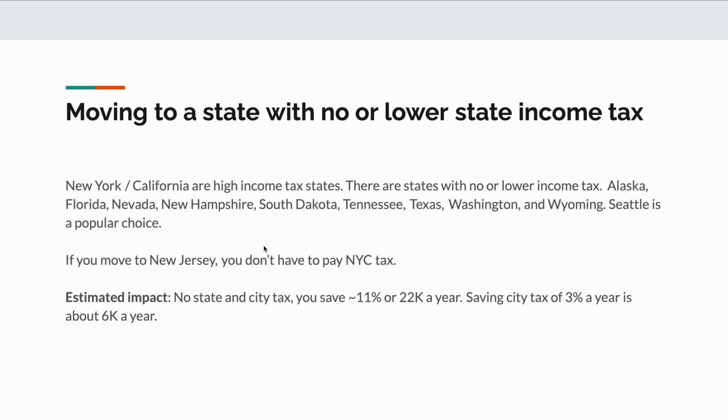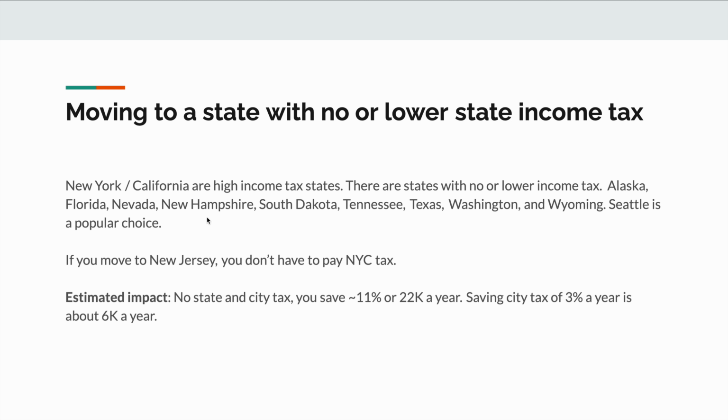In tech, Seattle is a very popular choice because there's a lot of tech options and big tech companies that have large offices there. And so there's a lot of employment options in Seattle, along with the tax benefit of saving approximately, let's say, 10% of your income in taxes.